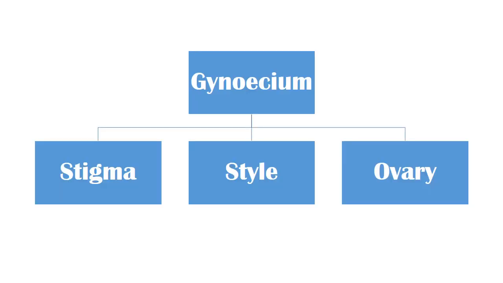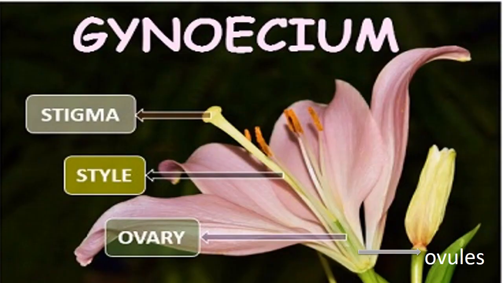Gynoecium. The gynoecium contains three parts: stigma, style, ovary. This is the stigma, this is the style, this is the ovary. Ovules are present inside the ovary.